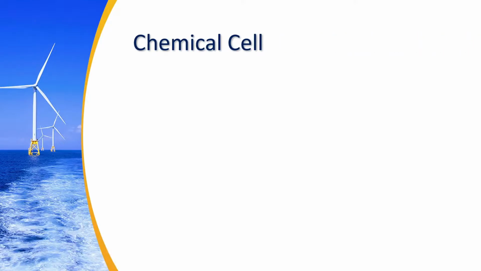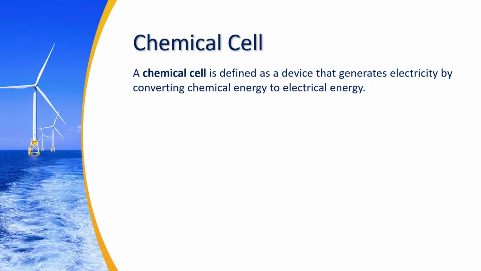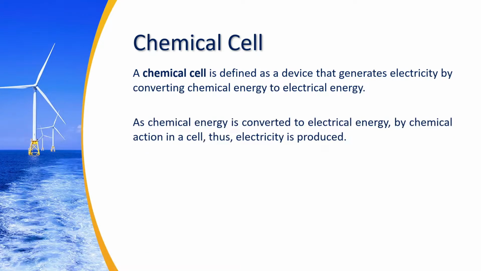Okay? So, for the chemical cell, a chemical cell is defined as a device that generates electricity by converting chemical energy to electrical energy. So, yun yung chemical cell. As chemical energy is converted to electrical energy by chemical action in a cell, thus electricity is produced.